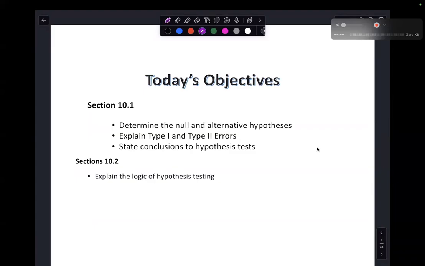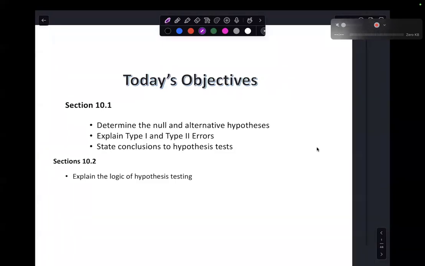We're not going to actually get to the math, but we're going to talk about what basically the two different methods for hypothesis testing and what we're looking for. So that is what we are doing today. So you'll have all the information you need to do the 10.1 assignment after today, but you won't have enough to do 10.2. So we'll finish up 10.2 and 10.3 on Thursday. So that's today. That's what we got going on today.